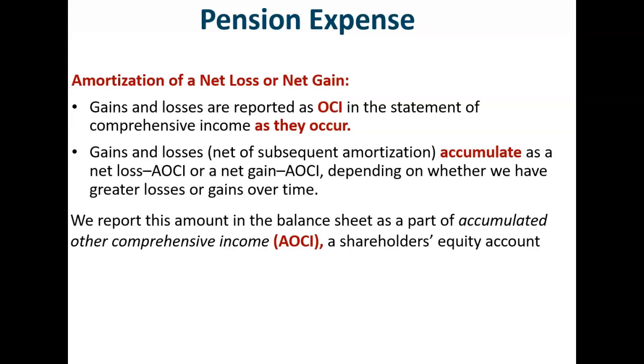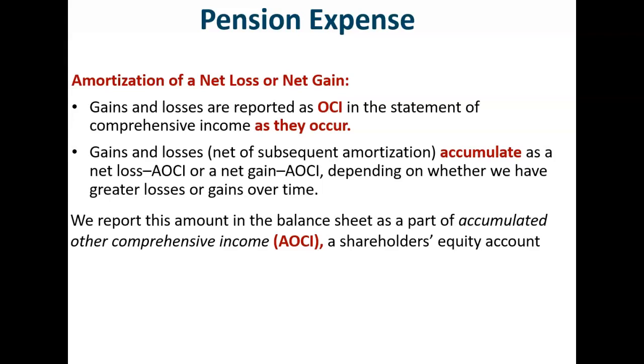Theoretically, gains recorded in some years would cancel losses recorded in other years. However, as we will discuss in a few minutes, if the accumulated net gains or net losses exceed a certain threshold, that excess is amortized to pension expense over time.